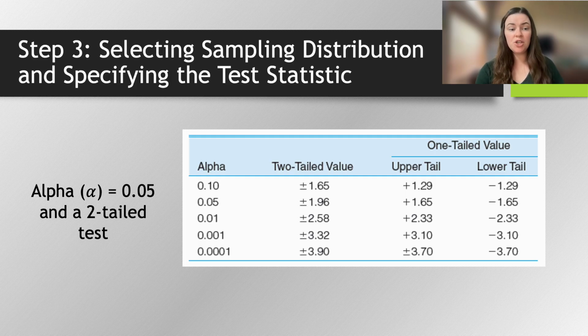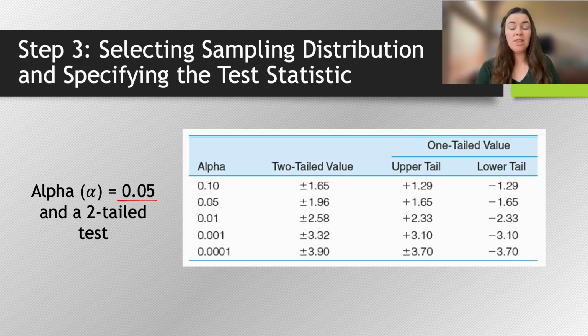We were instructed to use an alpha level of 0.05. We also know that we are using a two-tailed test. Again, think back to the slide we had before. The term was different, so we don't care about which end of the distribution we're on. Perhaps we don't know if District 1 is going to be greater than District 2, or we don't know if District 1 is going to be less than District 2.